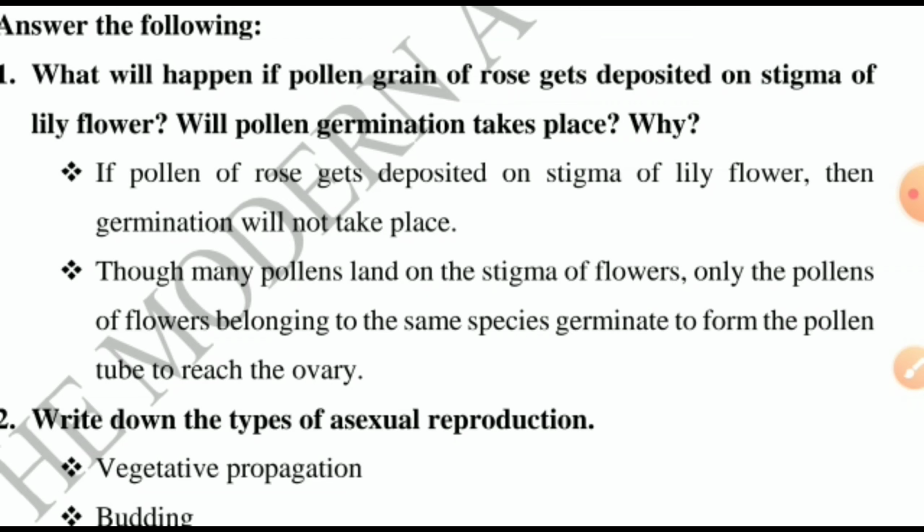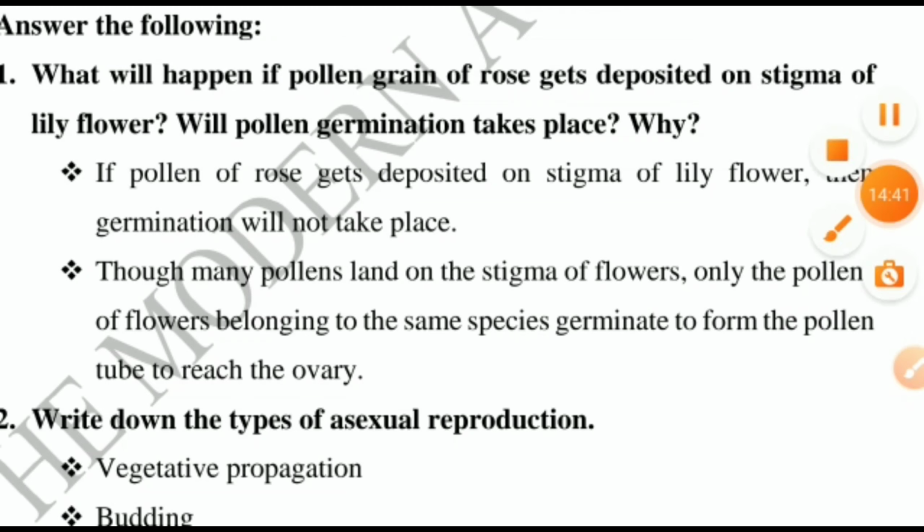So germination will not take place. Many pollens land on the stigma of flowers, but only the pollen of flowers belonging to the same species germinate to form the pollen tube to reach the ovary and produce a new plant. Here another species is given, so they do not give any reaction and also do not produce any seeds.